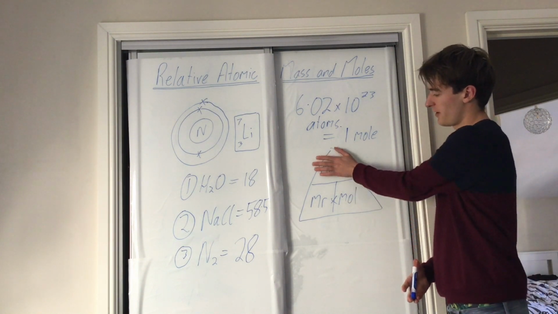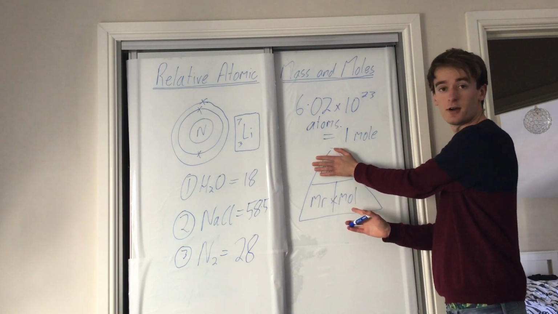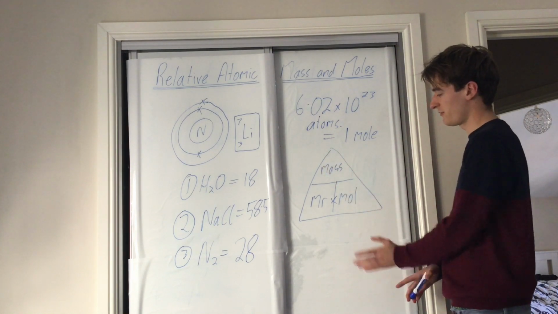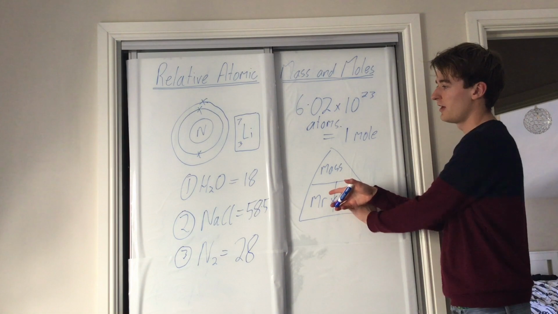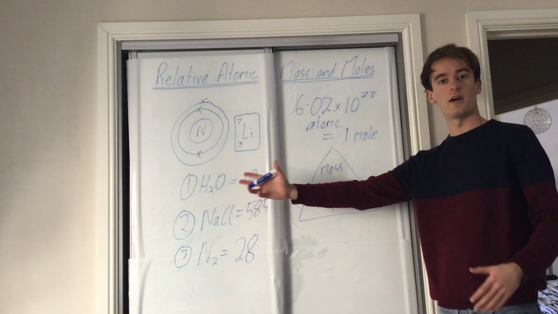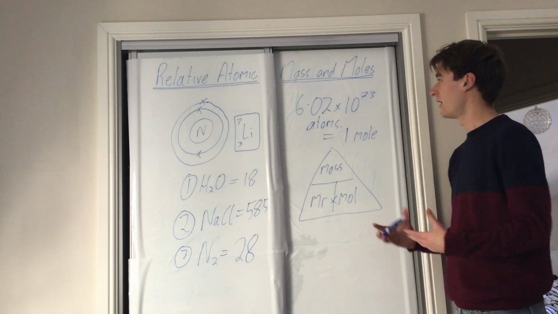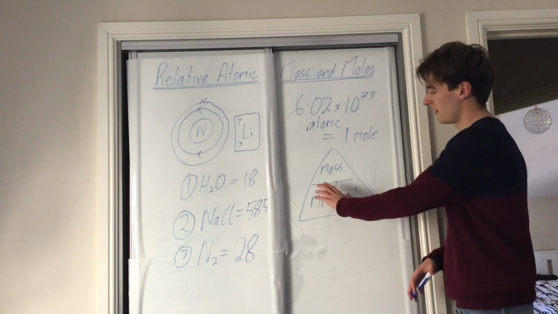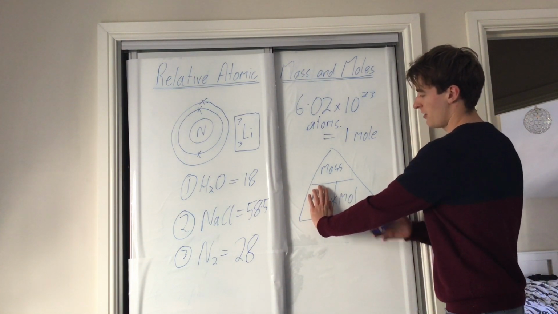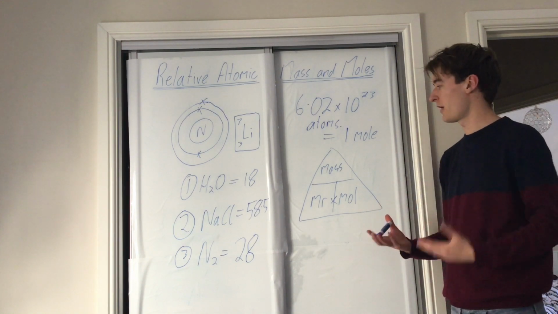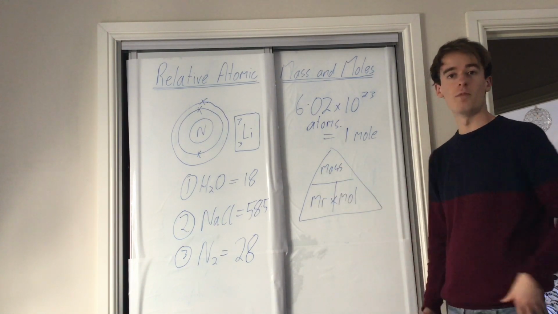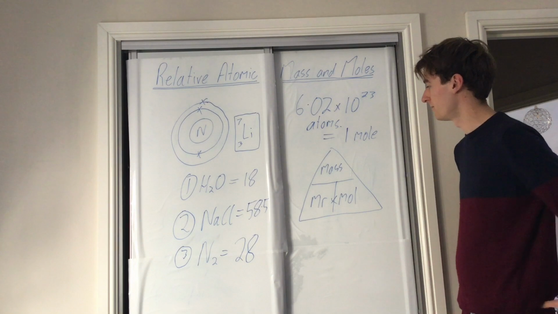So if I wanted to find mass, that's MR times mole. If I wanted to find mole, I cover that up. It's mass divided by MR. MR, we already said, is what we learned earlier in the video, of molecular mass. If we want to work out MR, then we do mass divided by moles. So I've got 3 equations there for the price of 1 by memorising this triangle.